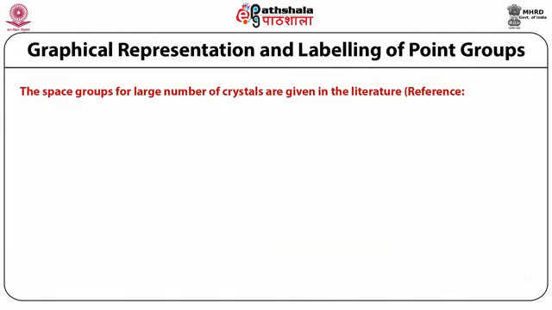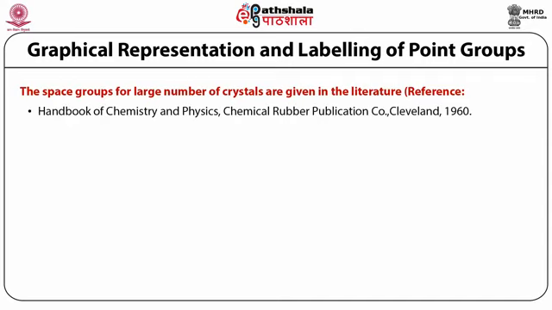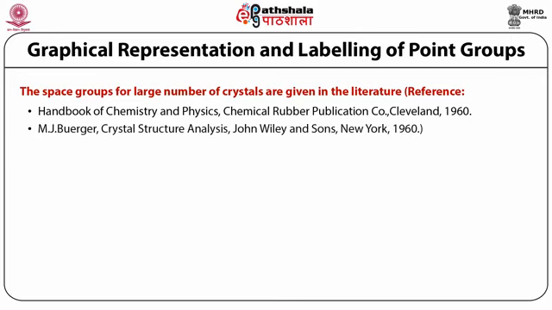The space groups for a large number of crystals are given in the literature, for which reference may be made to the Handbook of Chemistry and Physics, Chemical Rubber Publication Company, Cleveland, 1960, and M.J. Buerger, Crystal Structure Analysis, published by John Wiley and Sons, New York, in 1960.